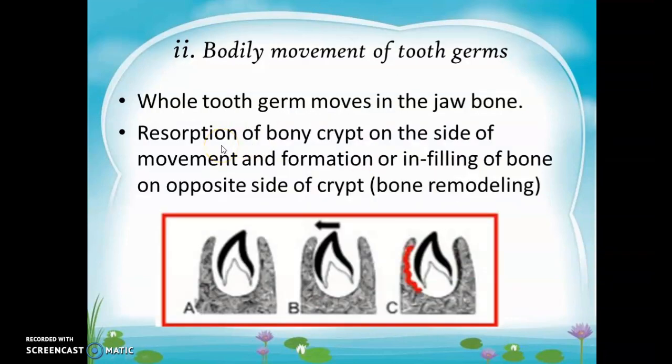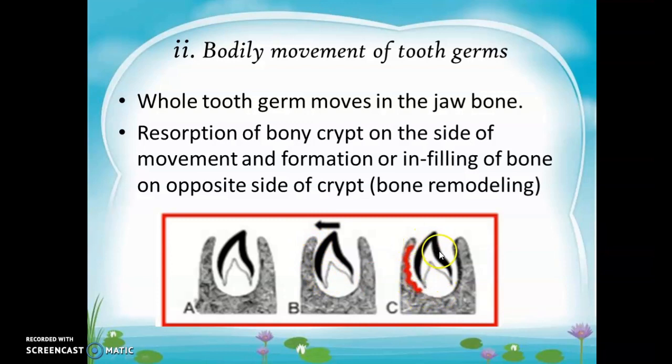Now coming to bodily movement. Bodily movement of tooth germ means whole tooth germ moves and occupies a different position within the bone. In this image, you can see the tooth germ moving posteriorly as indicated by this arrow. As the tooth germ moves posteriorly, there is resorption of the bony crypt wall on the side of the movement as indicated by this red shaded area.